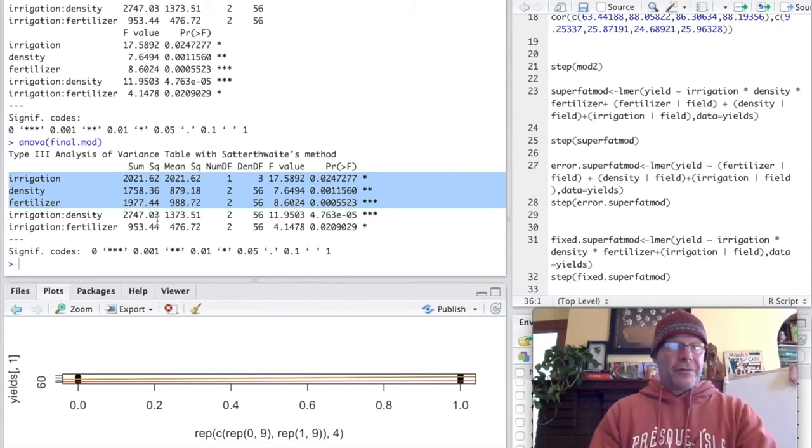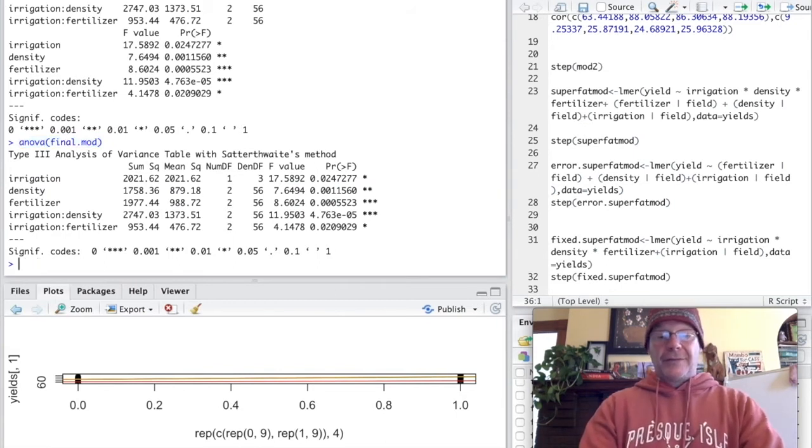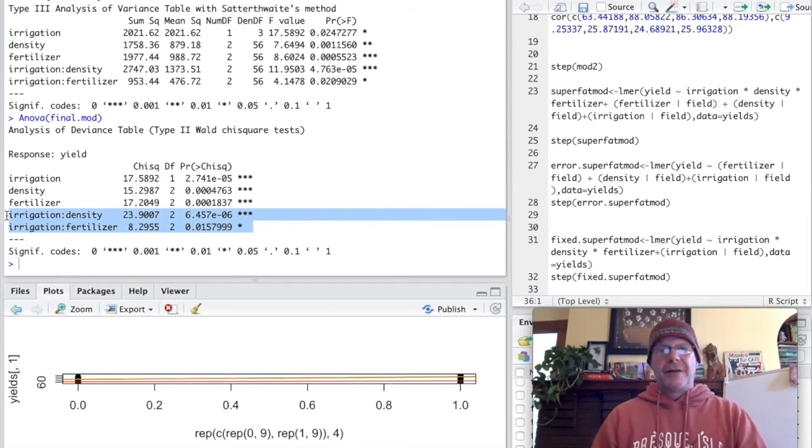And of course, we used the lmerTest version of ANOVA here. We could also have used capital ANOVA from the car package, which will do that modification of the likelihood ratio test. And there it is right there. Again, it's telling us that these significant interaction terms are there.